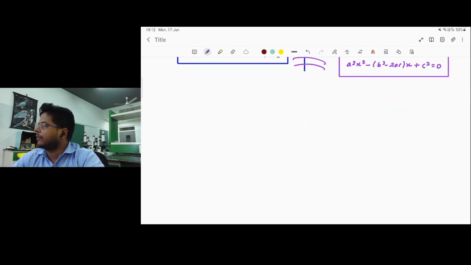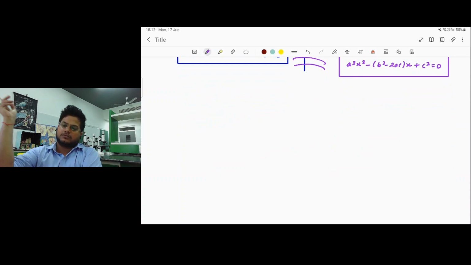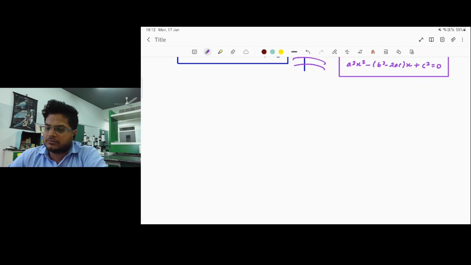Imagine there is an equation whose roots are alpha, beta, and gamma, and they're asking the value of alpha cube plus beta cube plus gamma cube.